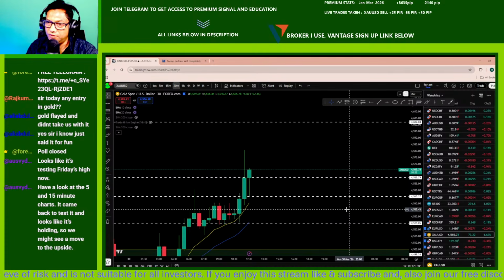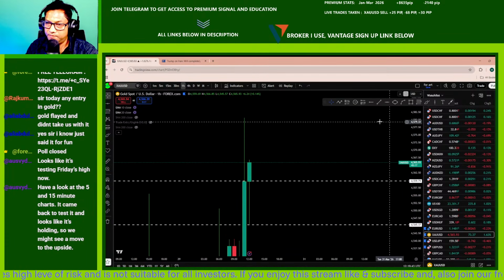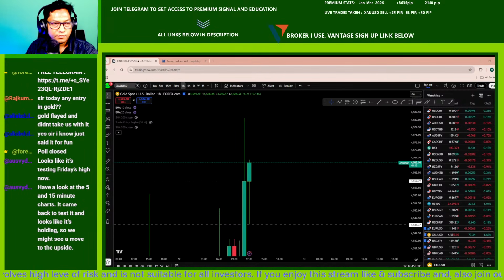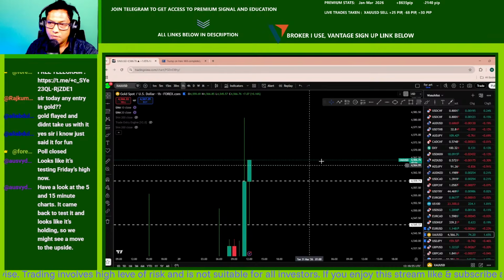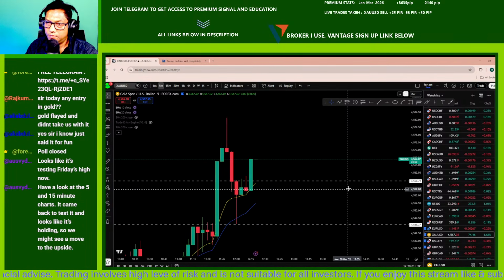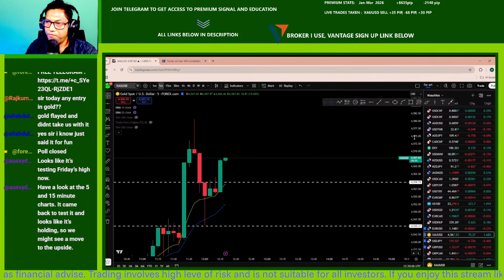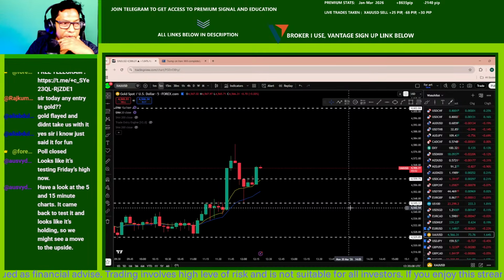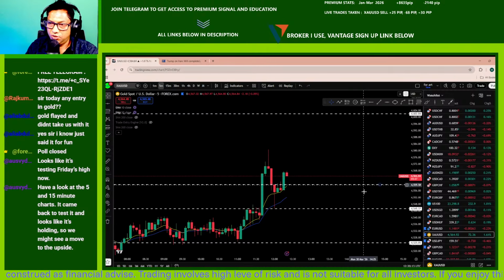This is the 30 minutes price action, and we can see the market is showing its momentum back here. So I'm preparing for a possible entry in this area here on XAUUSD.